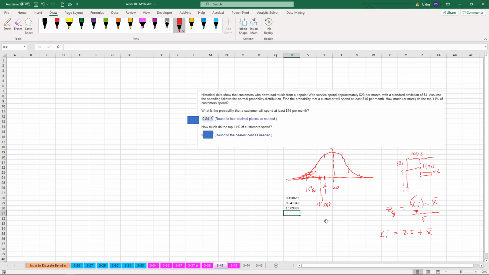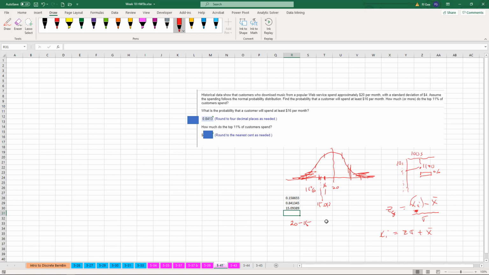And so we kind of used the behavior of the z-score and inverse. We got this in the normal distribution here, but we need to know symmetrically on the other side of 20, we need this 11%. So the way that we would get that would be 20.